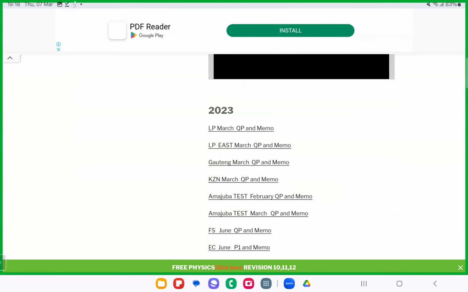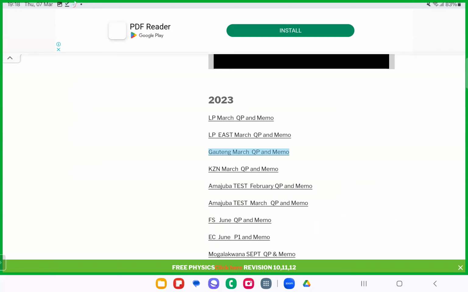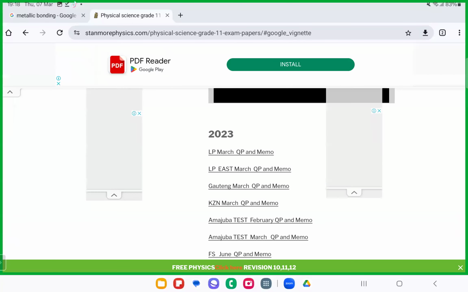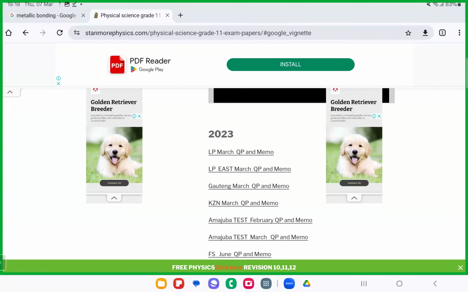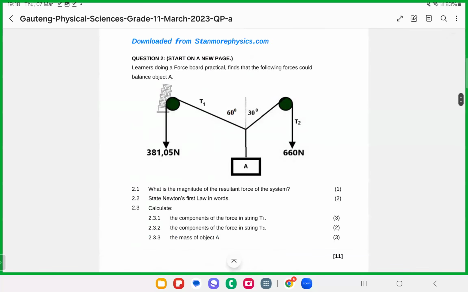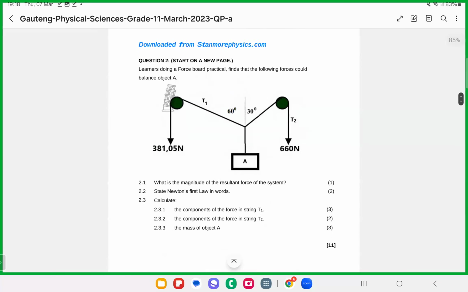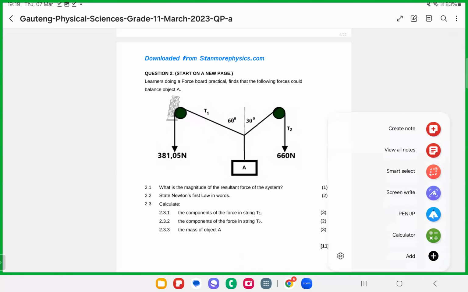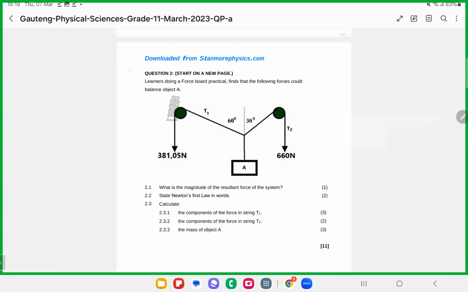But the second question should be a nice question with equilibrium in it. I'm hoping we got an equilibrium question here. So I would bank on something like this coming out. Not a force board.